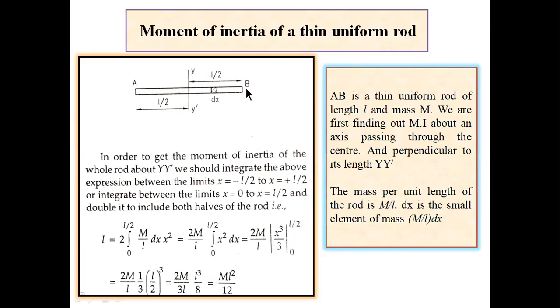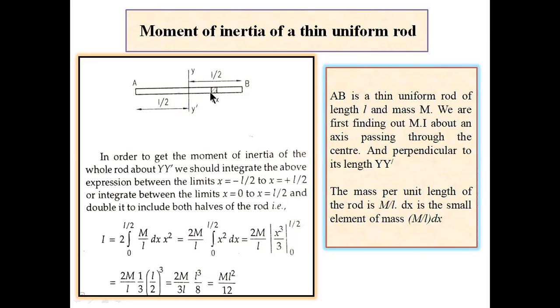AB is a thin uniform rod of length l and mass M. We are first finding the moment of inertia about an axis passing through the center and perpendicular to its length, so Y dash is perpendicular to the length of the rod. The mass per unit length of the rod is M by l, where M is the total mass and l is the total length.